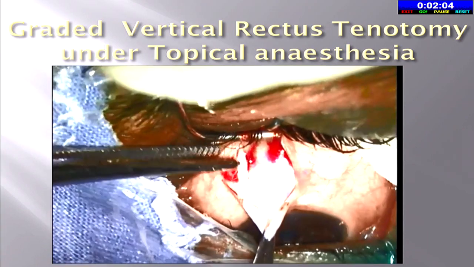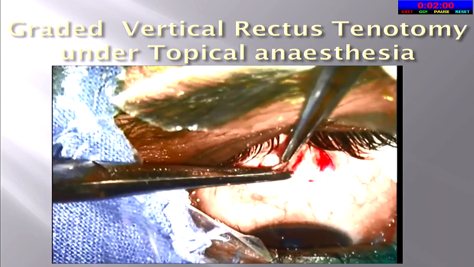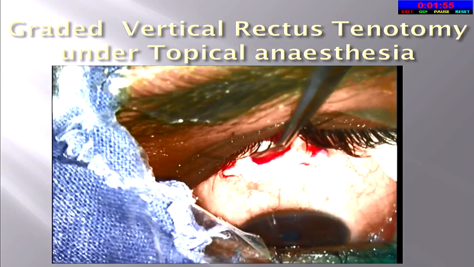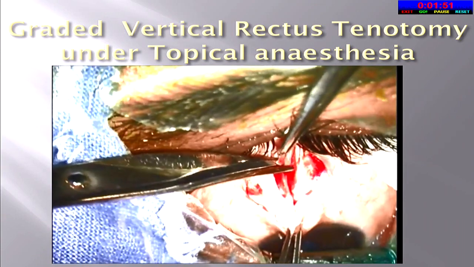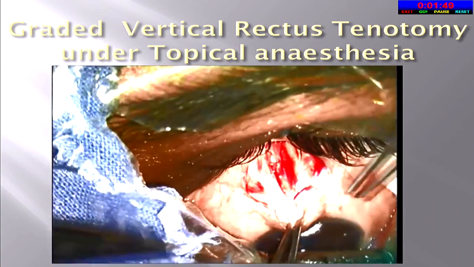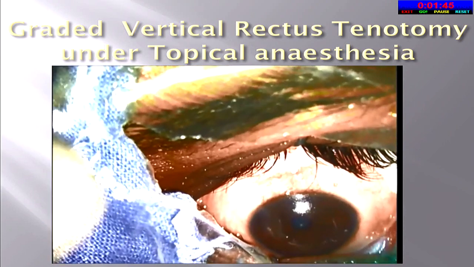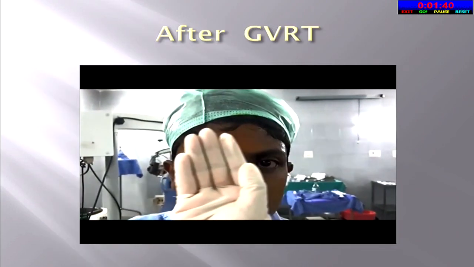But again, you have to do it in a graded manner, asking the patient to sit up and doing the prism bar cover test again and again until he is okay. If it is not completely relieved by right superior rectus tenotomy, you can do the left inferior rectus. After this procedure, we see again whether there is any hypertropia, and this is how you tailor it.